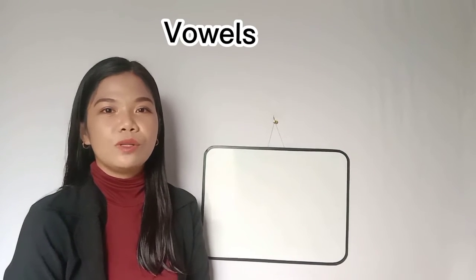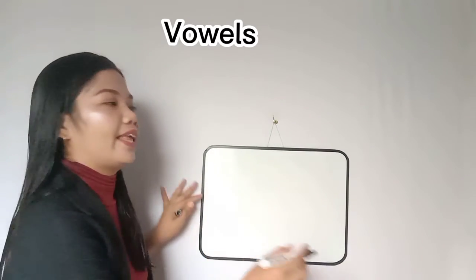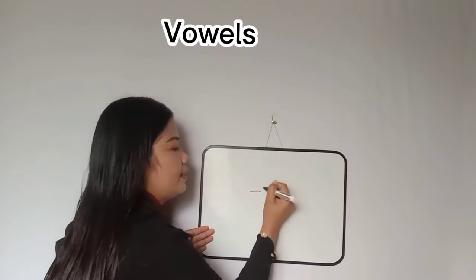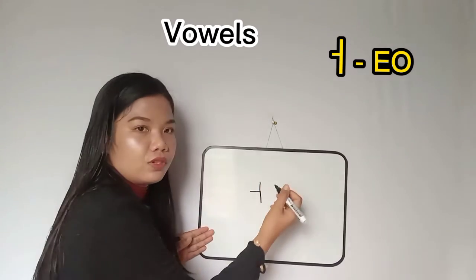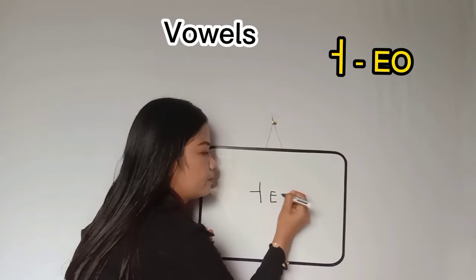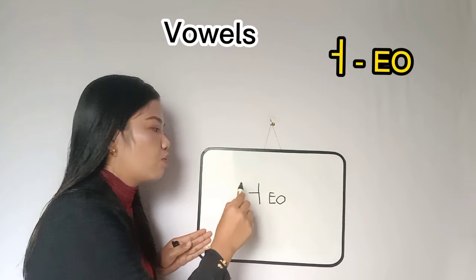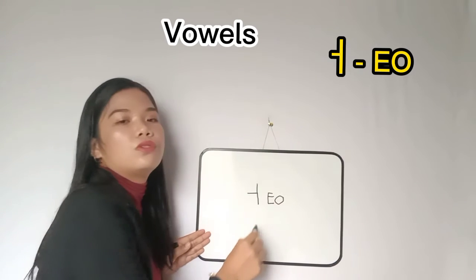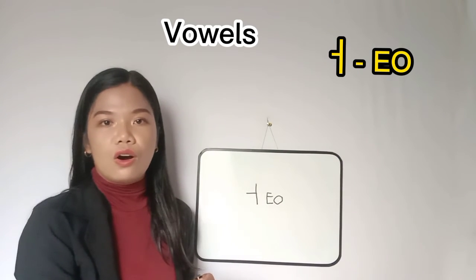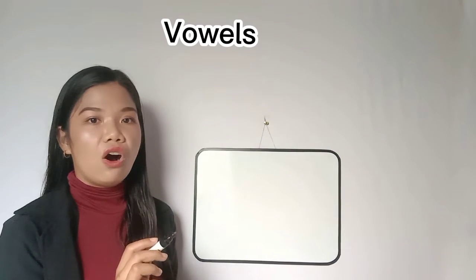Our next will be O. We simply write it like this: 1, 2, and it sounds O. Again, we write it 1, 2, and it sounds O. And our next will be Yo.